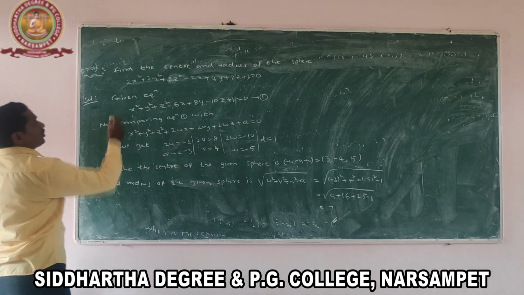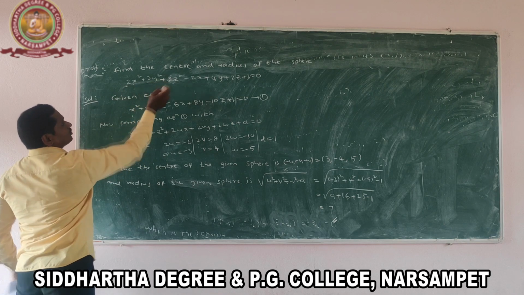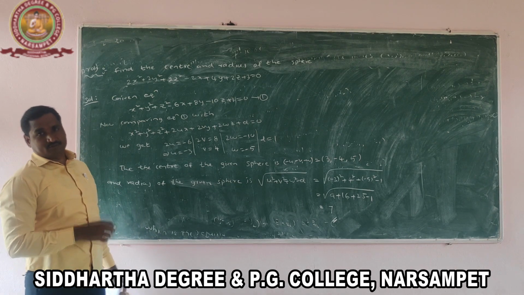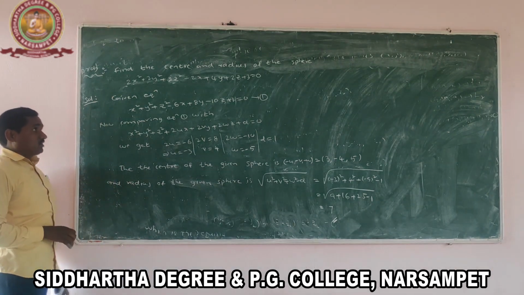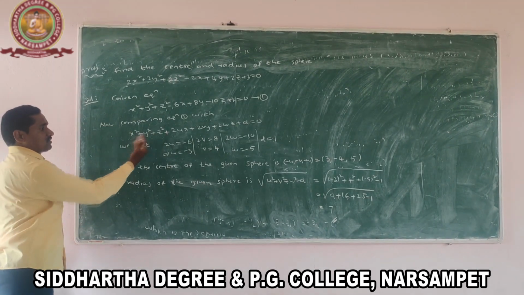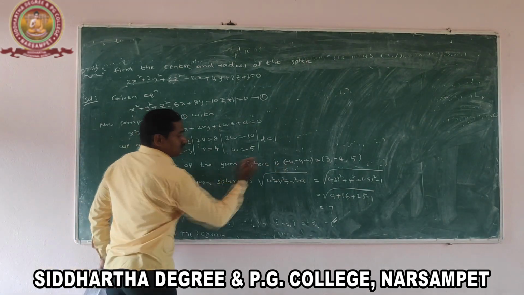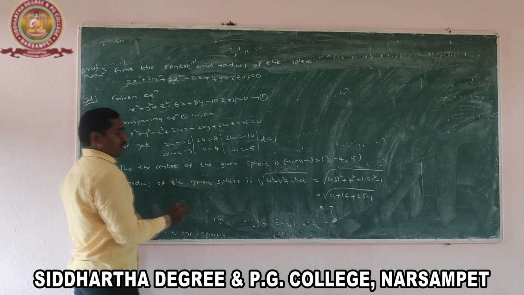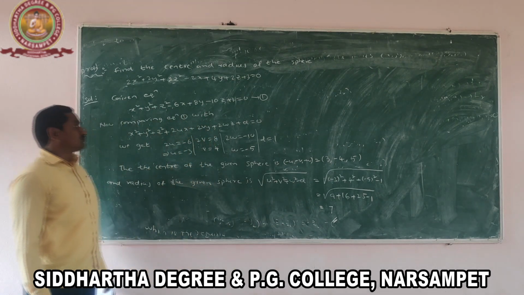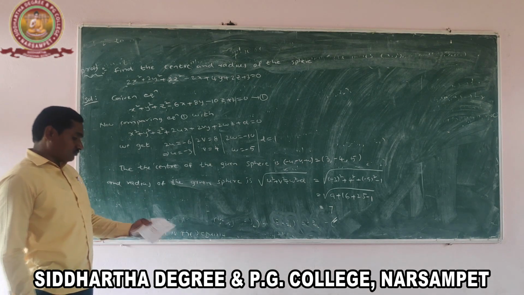There the coefficient of x square, y square, z square is 2. In such a case, we have to take 2 as common and follow the same procedure. Comparing with the general equation, we write u, v, w values, and we get the center of the sphere; substituting those values, we get the radius of the sphere. That is for you to do at home.